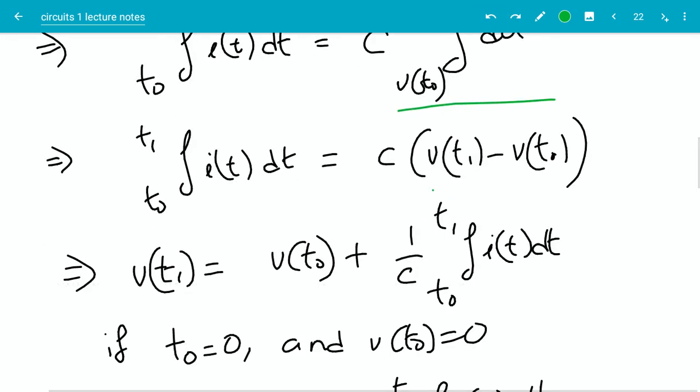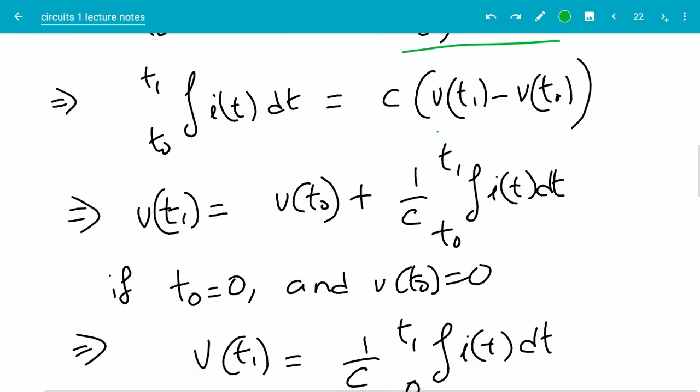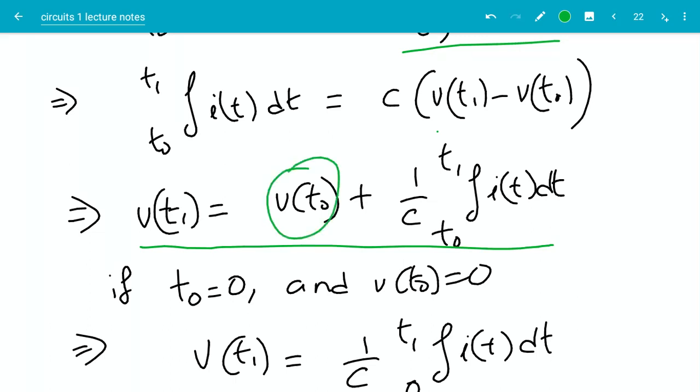Remember that we are assuming we know i(t), so we can compute this definite integral. I rearrange this, and the voltage at any given time t1 is the voltage at time t0 plus this part. This part is the total charge flowing into, or through, the capacitor. If I divide by the capacitance, I get the change in voltage.